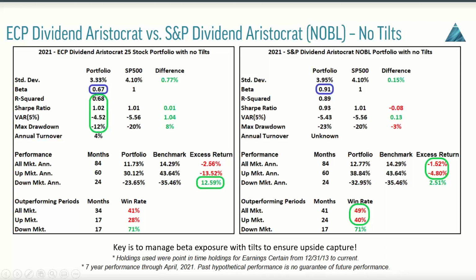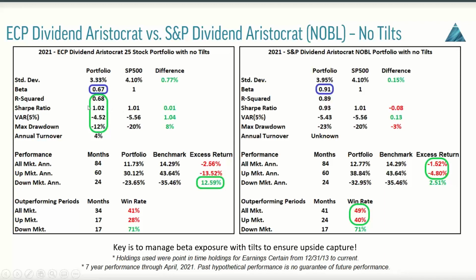So we've got a lot better diversification relative to the S&P 500 with a lower R squared of 0.68 than you would if you were using the NOBL portfolio at 0.89. Basically the 0.68 is telling us what percentage of the returns can be explained by the underlying movement in the benchmark. And so the lower this number, the better the diversification your portfolio has to offer you. So that's a really, really strong suit of the ECP Dividend Aristocrat portfolio.